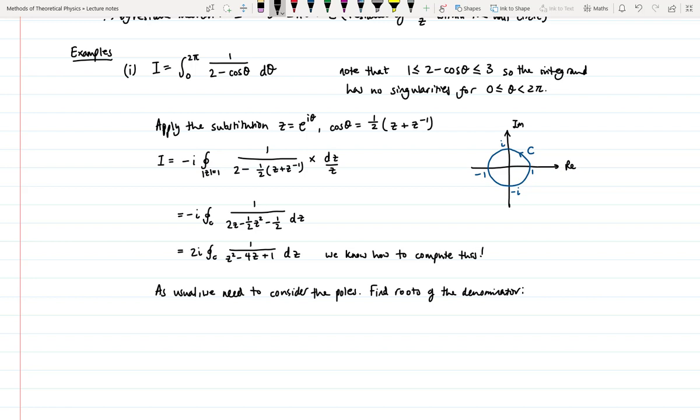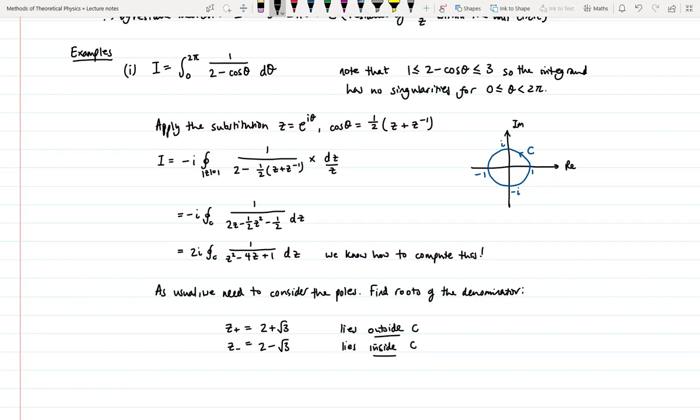Well, you can use the quadratic formula, and I'm going to write down the roots, but you can check for yourself that one of the roots is given by 2 plus root 3, the other root is given by 2 minus root 3. Crucially, we're interested in singularities that are enclosed by the unit circle, and it's easy to see that this first one lies outside our contour, whereas this second one lies inside the contour.